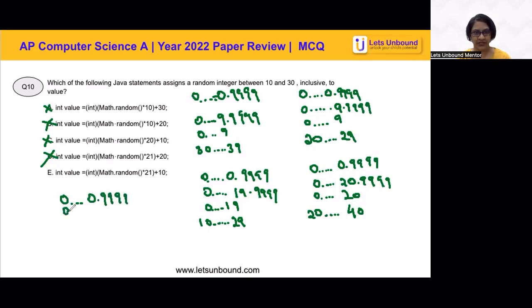So it becomes 0 to 20.9999. Okay, taking the integer range 0 to 20 and then adding 10. Adding 10 here becomes 10 and 30. Well, this is what we want. So option E is the correct option.